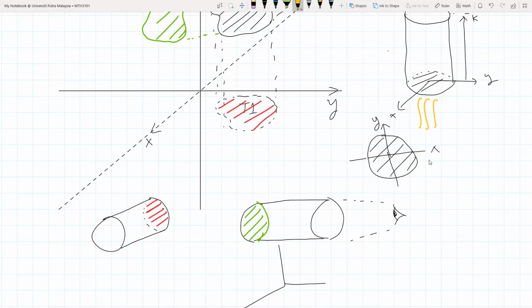So I can say like this: Z is just from 0 to K, and then I have the function of X, Y, and Z, and then I have dA dZ. I forgot to write that one. So in region R. Okay, this is easy to evaluate.